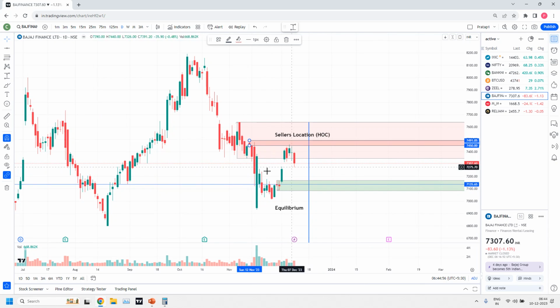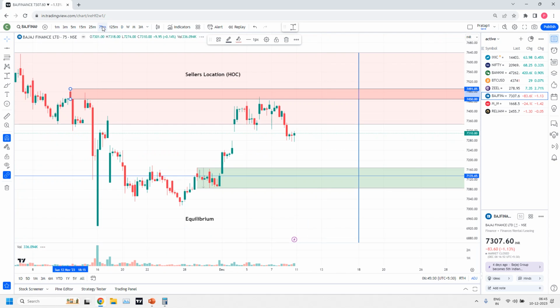The intermediate time frame should be used for identifying the trend, not for taking the entry. That's why be careful, sometimes we make this kind of mistake. You have to go one more time frame below and then take your trade. So what is one more time frame below? The 75 minutes time frame. So now I am changing the time frame from daily to 75 minutes.